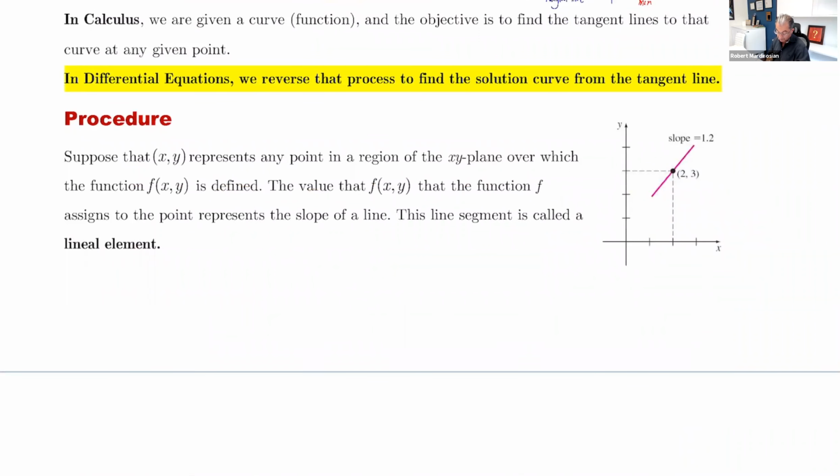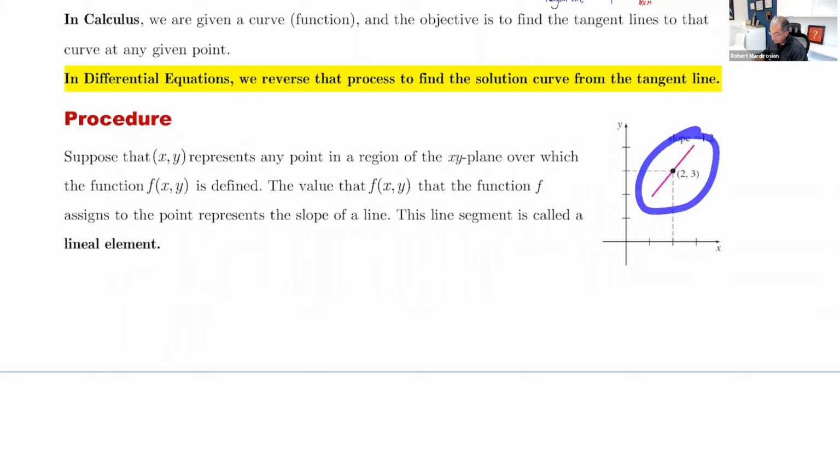Suppose that we have a point x, y, and that represents any point in the region of the xy plane over which the function f of x, y is defined. So the function has to be defined. The value of f of x, y that the function f assigns to the point represents the slope of a line. This line segment is called the linear element, or the line element.